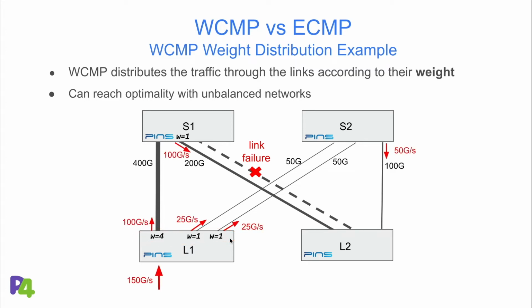Again, having 150 gigabit per second traffic in L1, now less traffic is sent to S1 and more to S2, so that links are now equally utilized at 50%, except the 400 gig link, of course, and the fabric now can support up to 300 gigabit per second traffic before links get fully saturated.